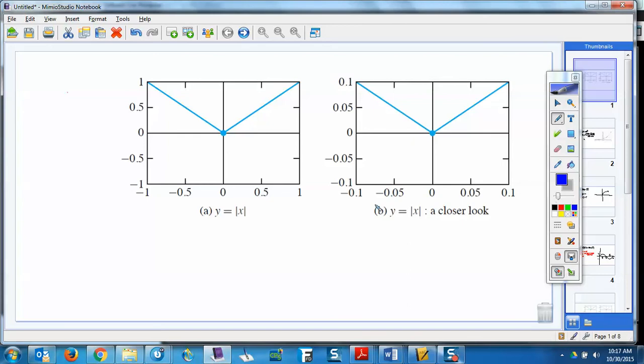So I wanted to make a comment about this. I think I maybe talked about it yesterday, but if you think about this zooming in, if you took the V graph and notice the scale here, -1 to 1, and you zoomed in, and notice the scale over here, it looks the same. No amount of zooming in is going to make that look straight.